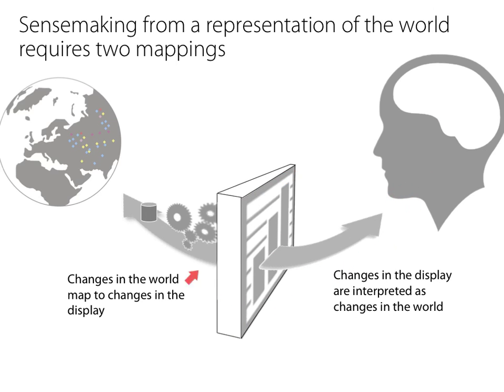And so what we want to talk about is that there are actually two major mappings that have to happen in order for us to start interpreting the world. The first is the mapping between the world and the marks in the medium. So changes in the world map to changes in the display. And then changes in the display will be interpreted as changes in the world. That's the second mapping.